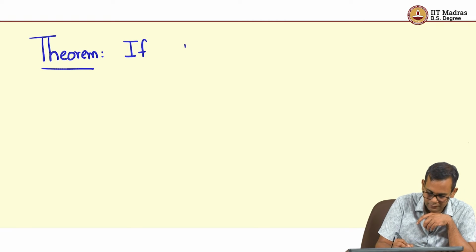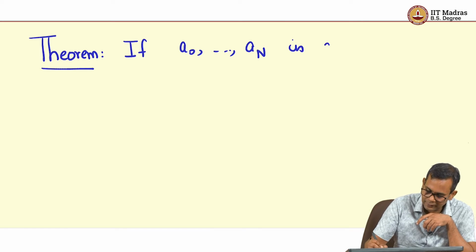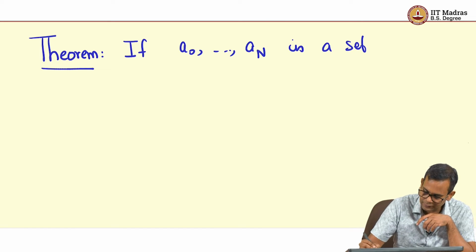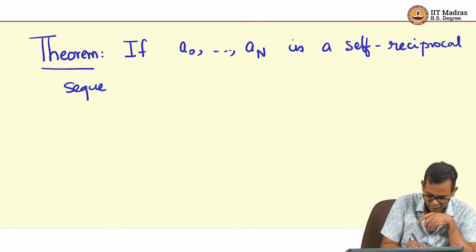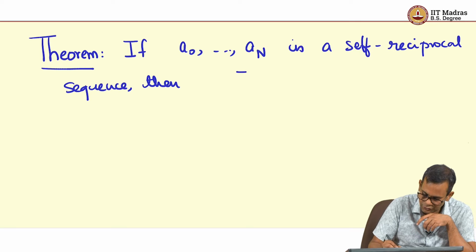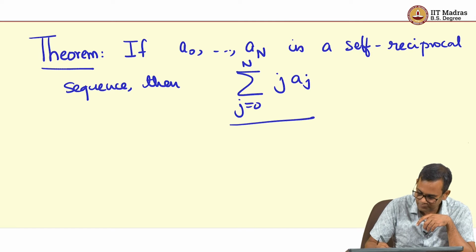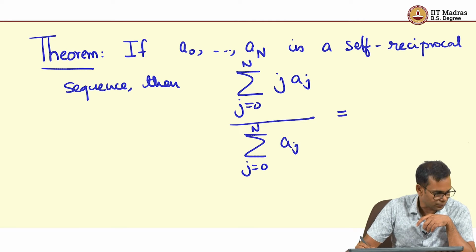If a0 up to aN is a self-reciprocal sequence, then summation j goes from 0 to N of j times aj, divided by summation j goes from 0 to N of aj, this is just equal to N by 2.